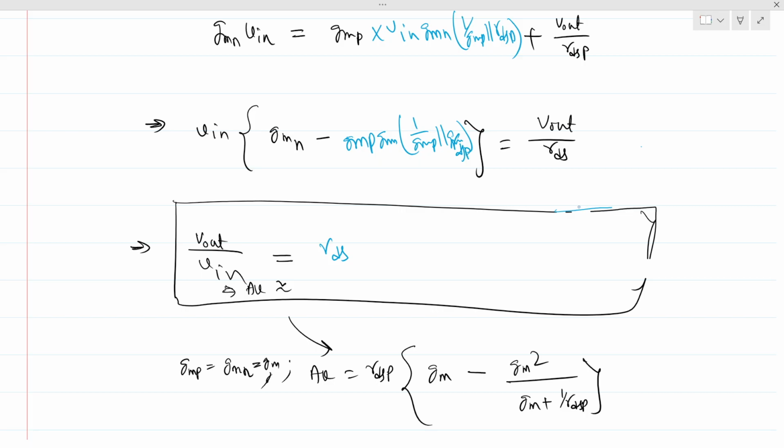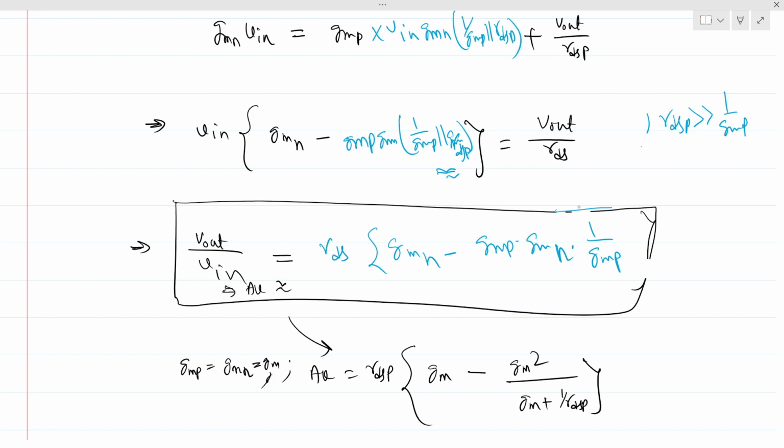Okay, so we know that rds P is very much greater than 1 over gmp. So this term can be evaluated to 1 over gmp, right? So rds of P into gmn minus gmp gmn into 1 by gmp, right?